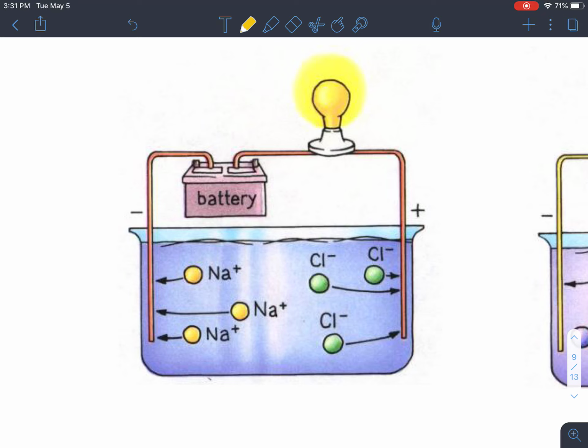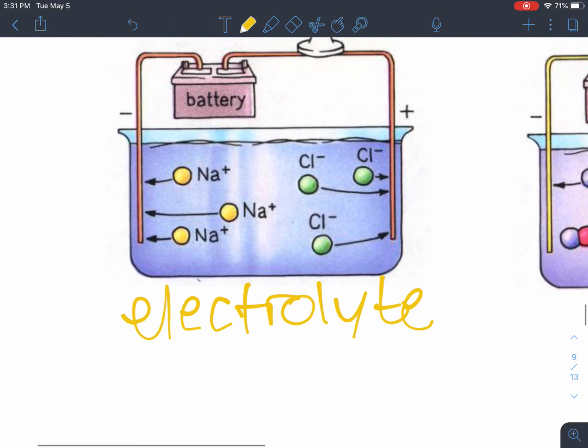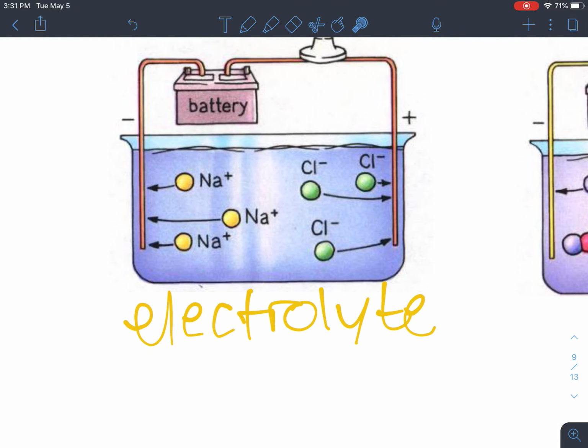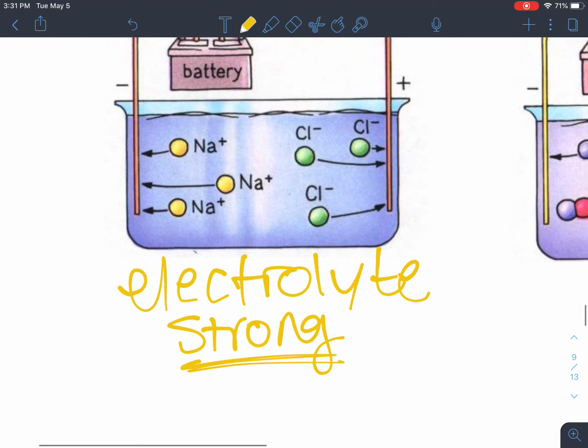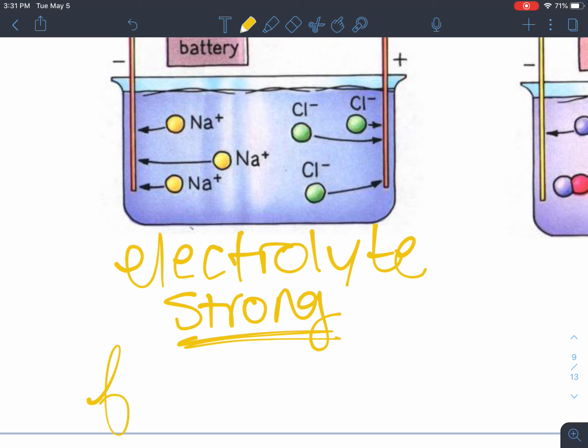So this is definitely an electrolyte. And if you take a look, all of the sodiums and the chlorides, they're all separate from each other. This one would be a strong electrolyte. And that is because this fully ionized.